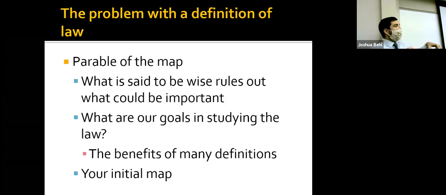So we all have our initial maps. We've all seen maps, we've all watched TV shows. We all have a sophomoric understanding of what the law is in some capacity. However, the purpose of this class is that we're going to take the journey together through perspectives on the law.